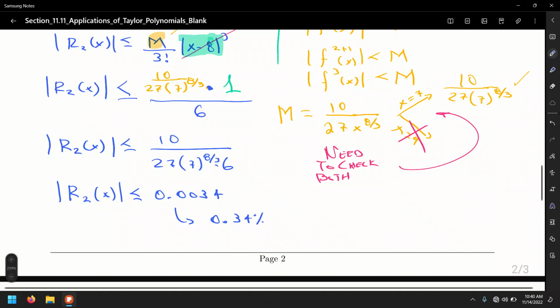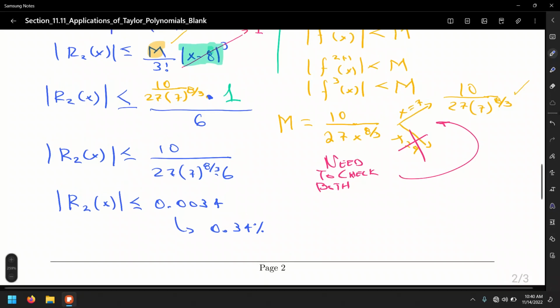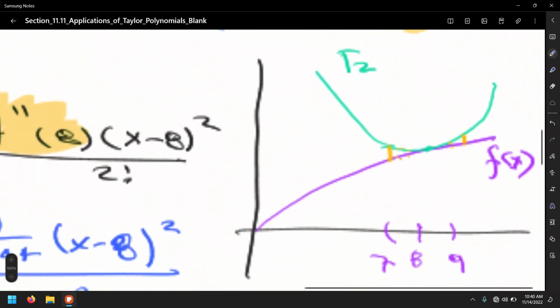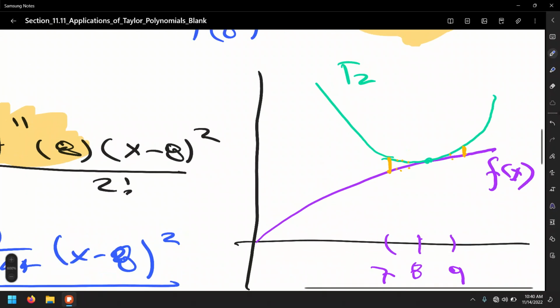That means in the worst case scenario. What do I mean by the worst case scenario? Let me go back to the graph right here. So again, we look at the center. Exactly at the center, both the approximated value and the actual value are the same. If we start going some value towards the left or towards the right, that's where the two values start differing, right?